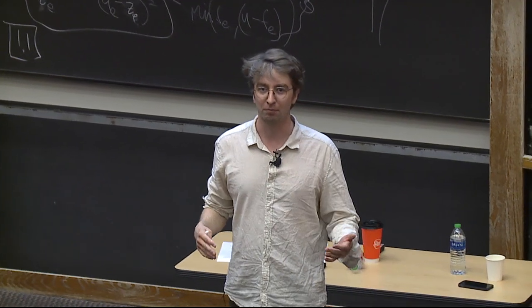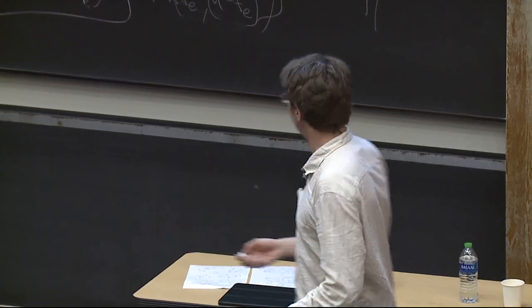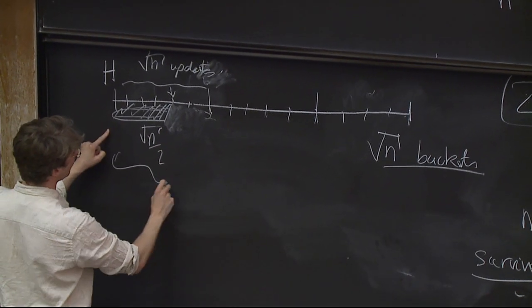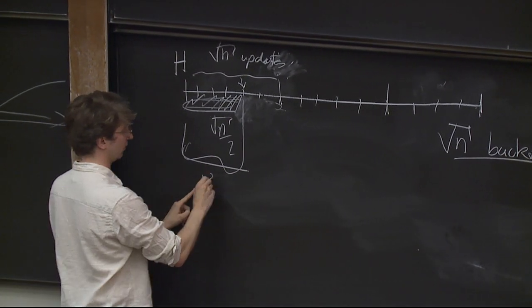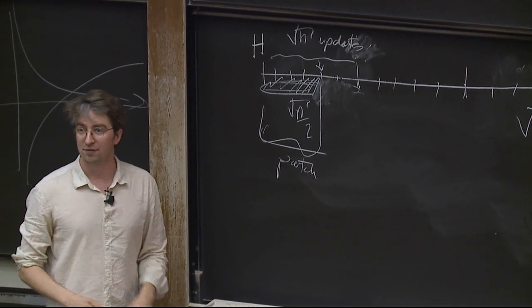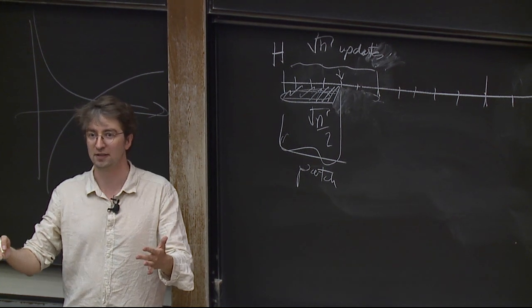Even though I dealt with them before, I'm going to have to deal with all of them. So now, every time I get an update, I look at all of the updates in my bucket, and I compute a patch. Okay? This might cost me square root n time per update, generally speaking.